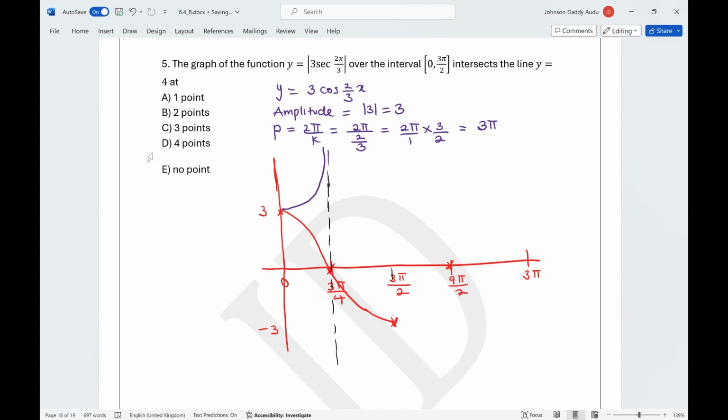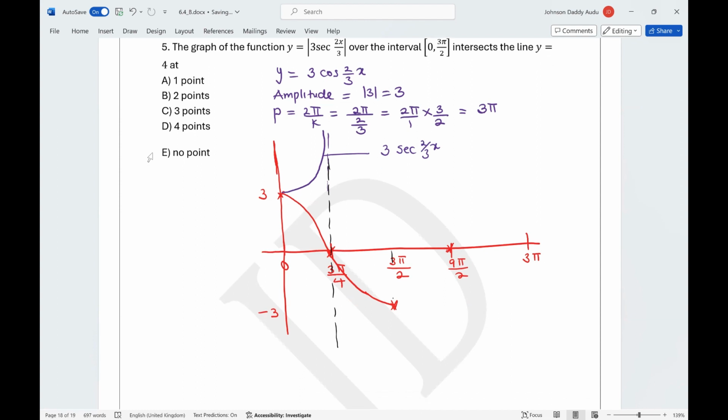So the purple one is the graph of 3 sec 2 over 3x. And we can also look at this part. How will this part look like? This part will be somehow like this, right?